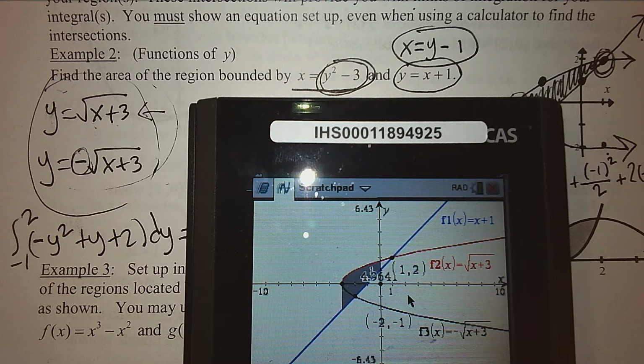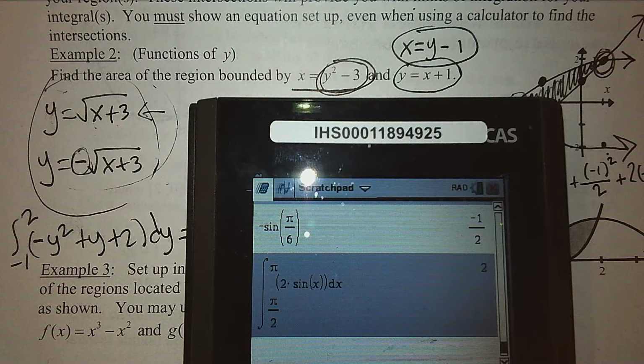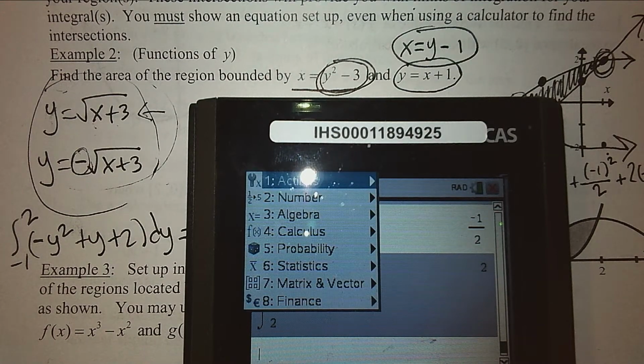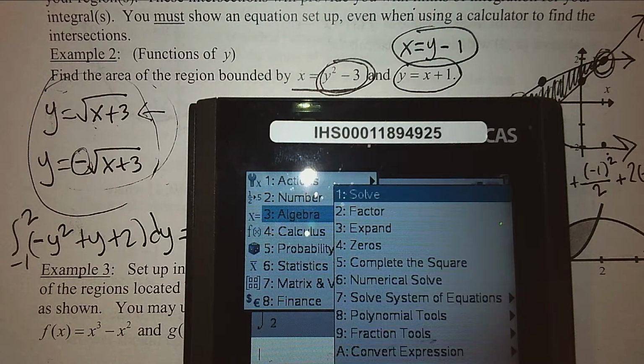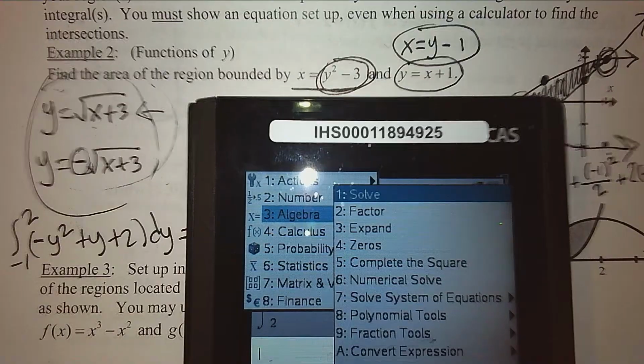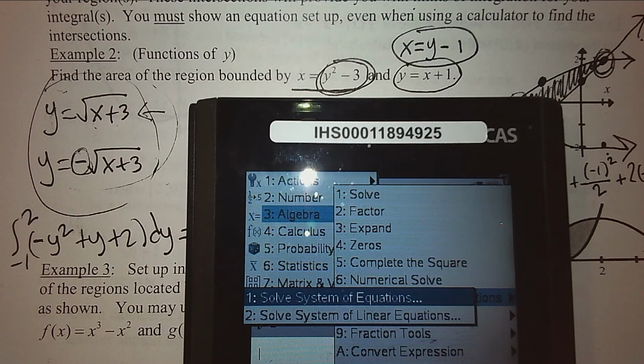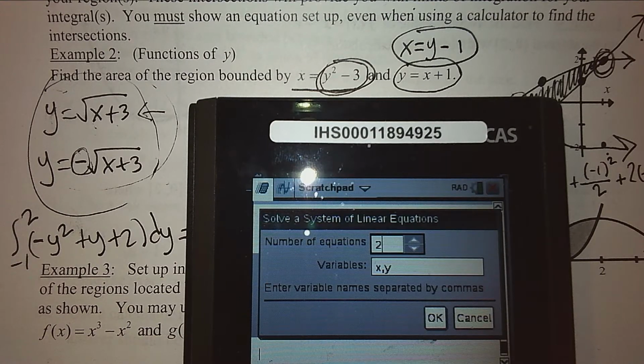You can also find points of intersection using the algebra function on your regular scratch pad. So if I press sketchpad and I went to Menu and I went to algebra, and it says to solve a system, which is 7. And so solve a system of equations that are linear, that's 2. Well, one is linear, right?